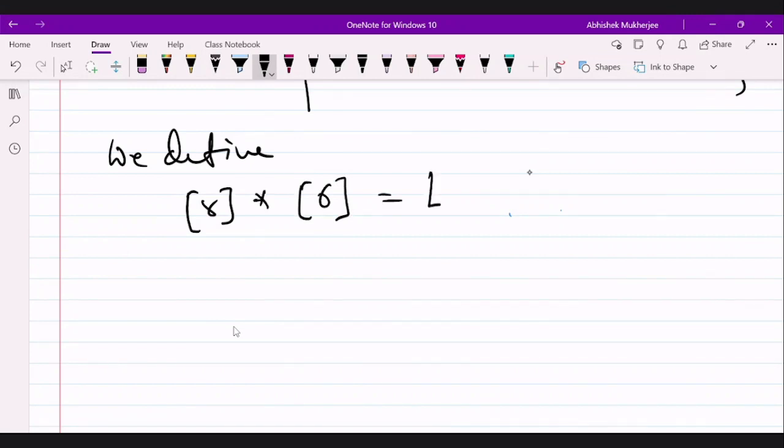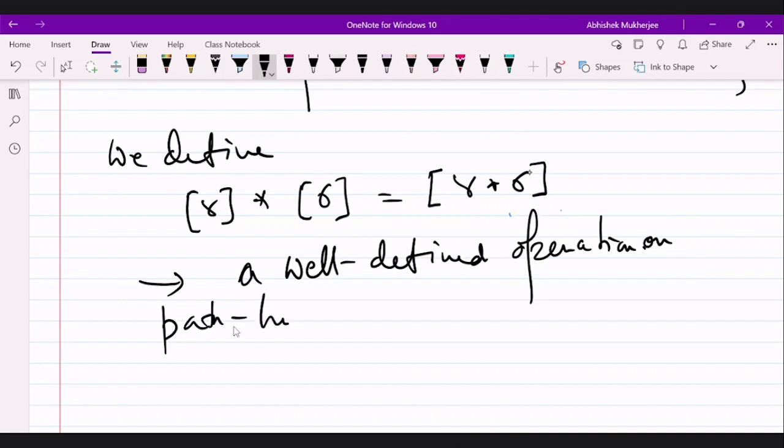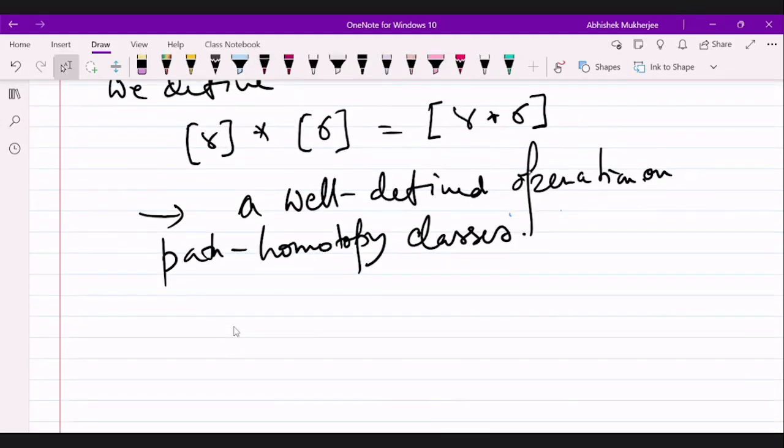It is defined to be the path homotopy class of gamma star sigma, and this is a well-defined operation on path homotopy classes in X. Great.